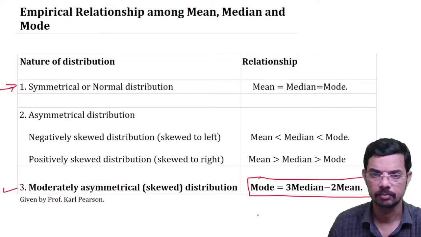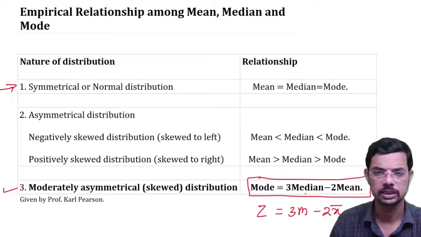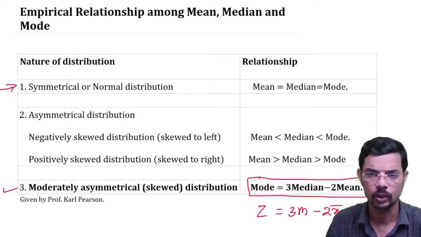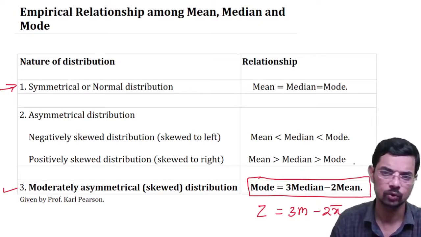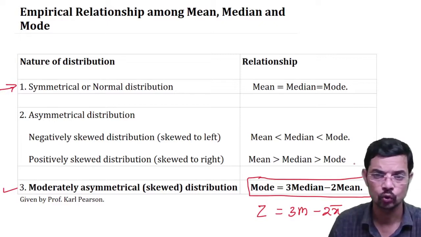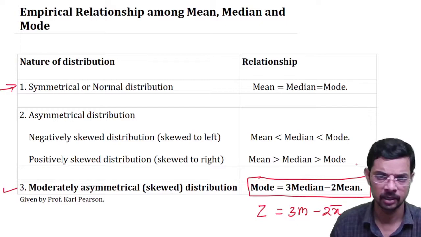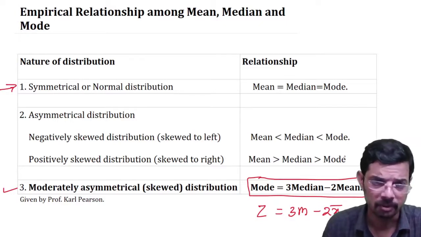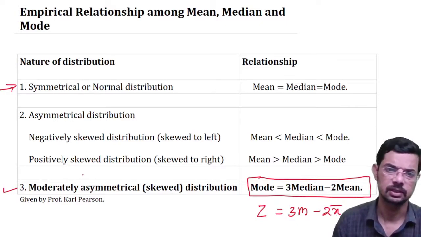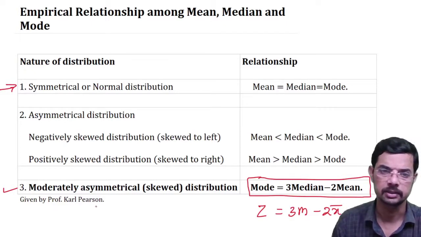Mode Z is equal to 3M minus 2 x bar. This relationship was given by Professor Karl Pearson.